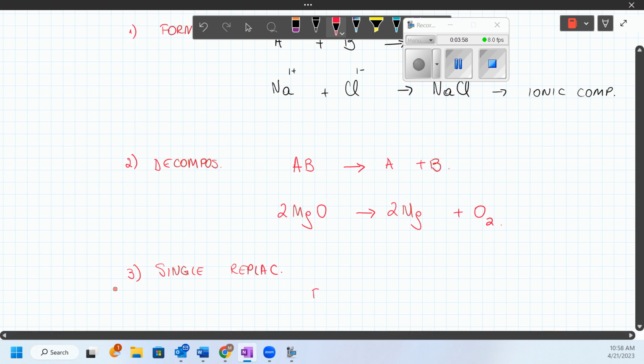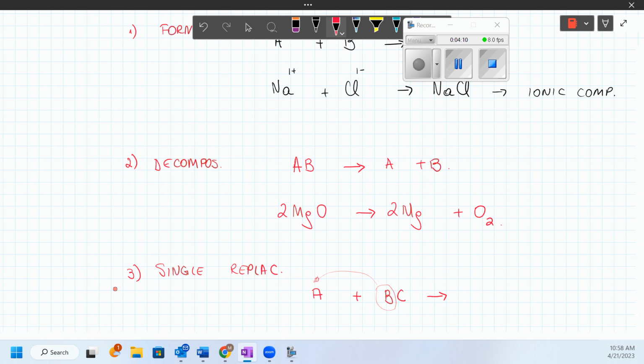So what you see in this case is A plus BC. The metal part of this is replaced by the other metal, leaving the metal that was in the compound as a separate metal. So we'll have AC and then B.